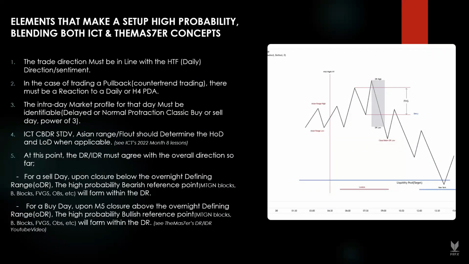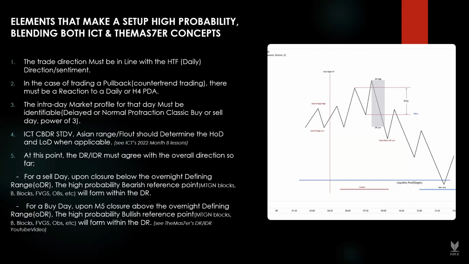Now, elements that make a setup high probability using or blending both ICT and TheMas7er's concepts. There are elements that I look for over a long period of time. I found the weakness of this system and the strength of this system. And that's what I'm about to show you here today.